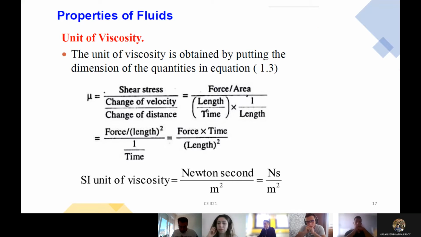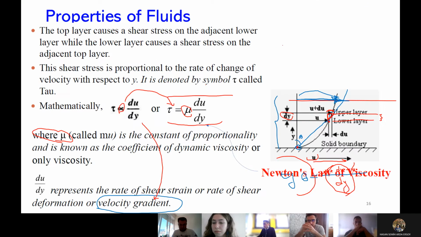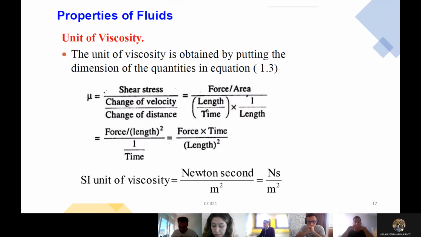So we have this equation, tau equals mu du over dy. Therefore, we should take mu out of this equation and calculate mu in terms of tau and du over dy. So mu will be equal to tau over du over dy.